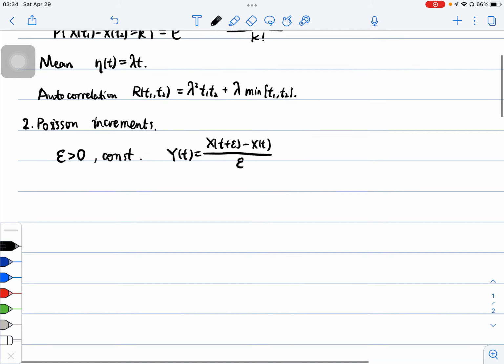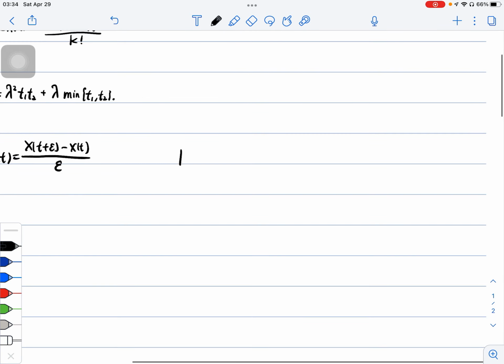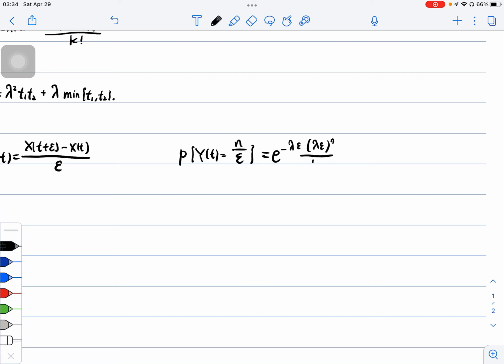The distribution density should be these things.